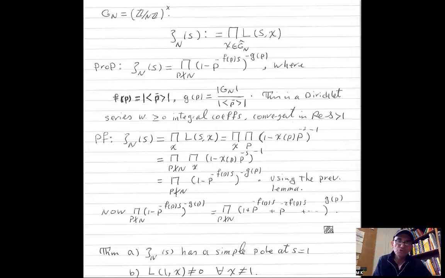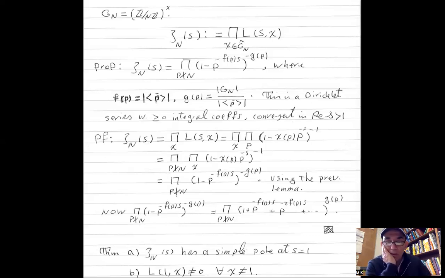If you raise it to the power minus 1, you just use the geometric series. You see, f of p and g of p are non-negative integers. So that's it. We have now the claim that we wanted to prove.